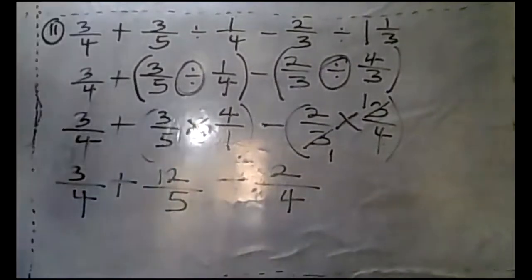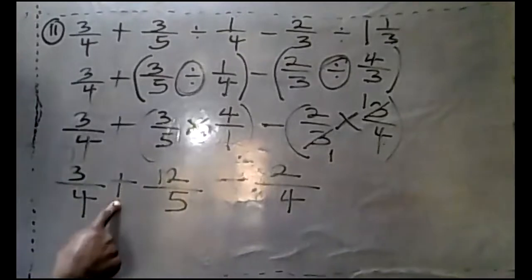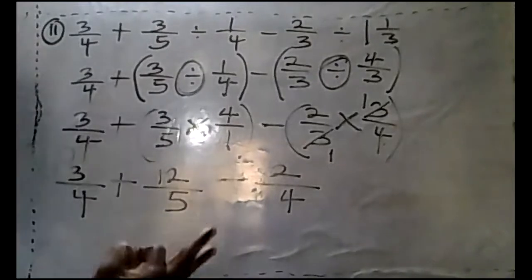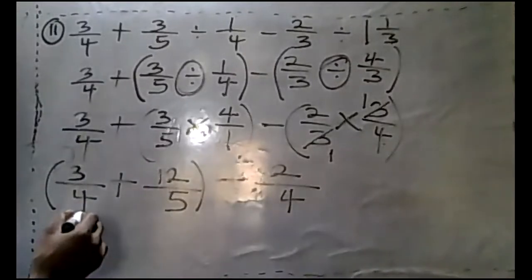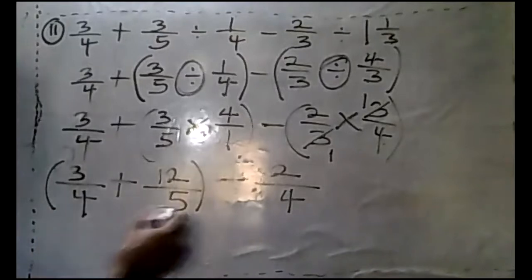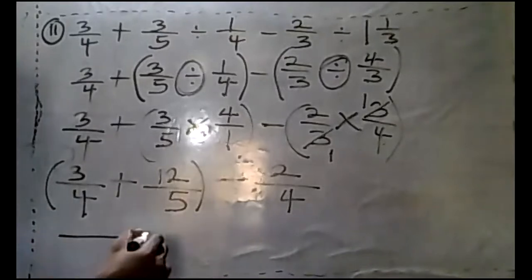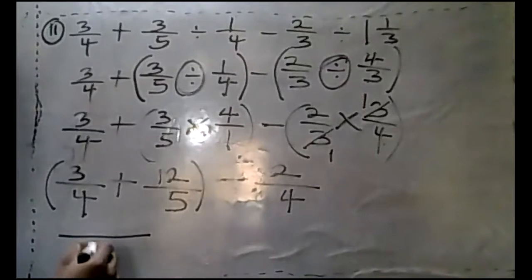Which one are we doing next? Are we doing addition or subtraction next? Let's go to our BODMAS: bracket, of, division, multiplication, addition. So you are doing addition before subtraction. What you need to do is find the LCM of 4 and 5. LCM of 4 and 5 is 20.